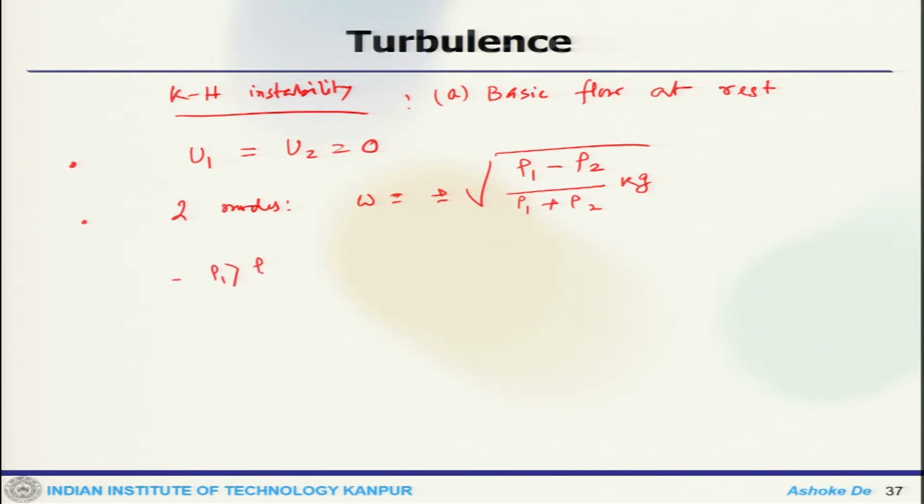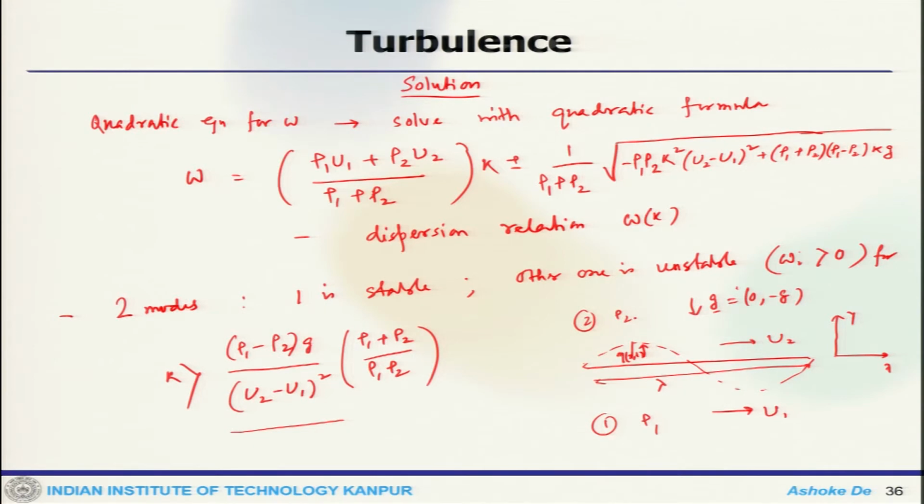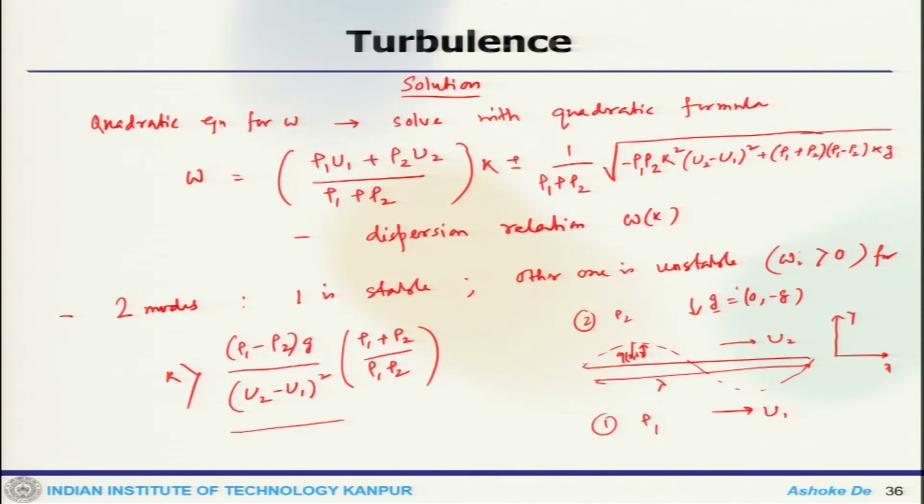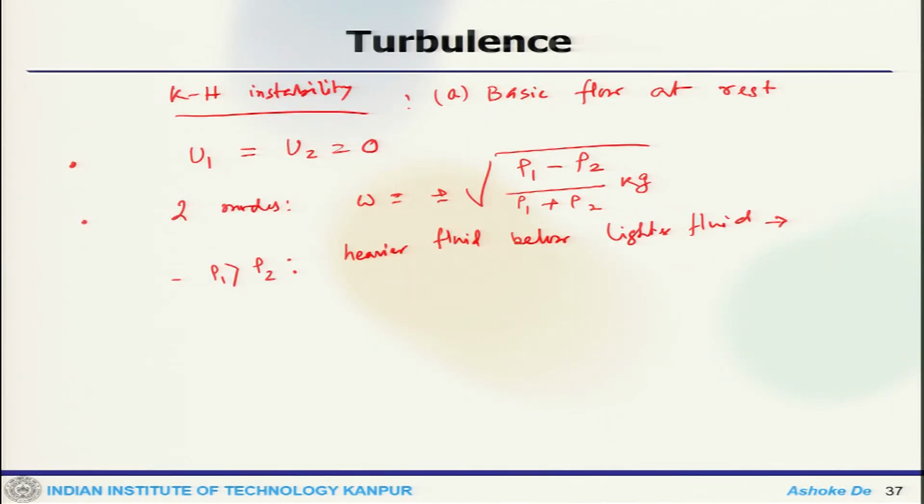Now, if rho 1 is greater than rho 2, that means this is rho 1 and this is rho 2, which tells that heavier fluid is below lighter fluid, which means the lighter fluid is on top and heavier fluid is below, which is essentially normal flow characteristics, and that gives you a stable system, which is nothing but my gravity wave.